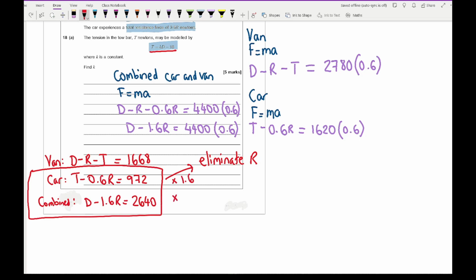And if we take the second equation and multiply by 0.6, that's going to give us the same coefficient of R. And then we can eliminate R by subtracting those two equations. So I'm going to do that now.